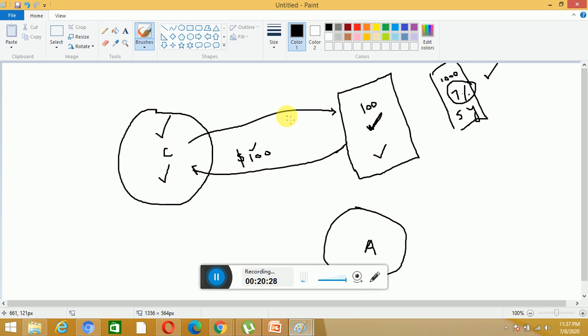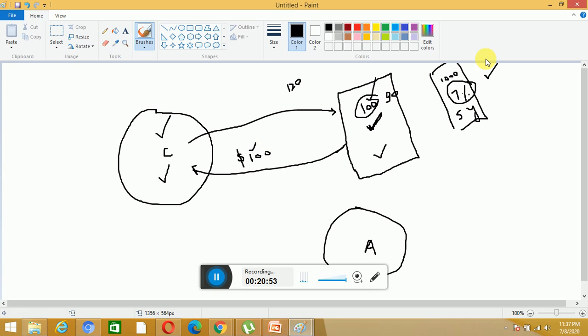And if the company is in profit, maybe the price of this share goes up. Suppose it goes up to 120. So $20 will be my profit. And if the company's performance is weak, maybe the price of this share goes down to 90.